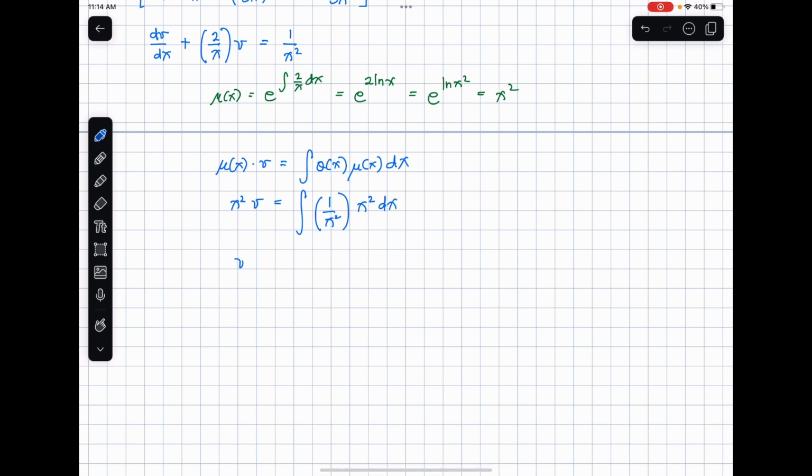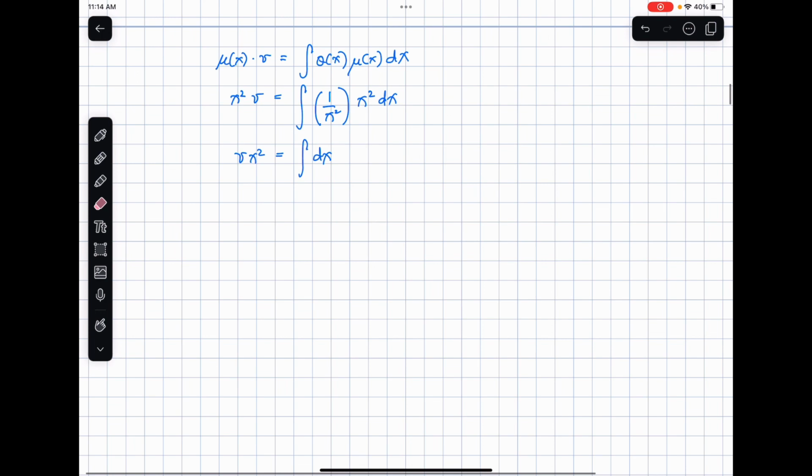So this is the same as v x squared is equal to the integral of dx. And thus we have v x squared is equal to x plus c.